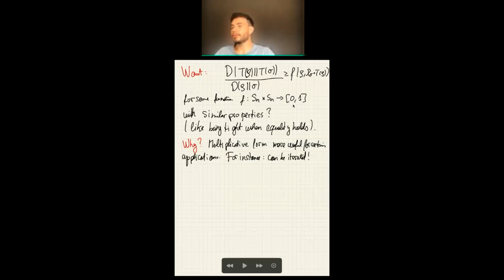And why would that be interesting? Well, in principle, if you have the ratio, these inequalities are a bit stronger than the ones with the difference of the two relative entropies, because you can then iterate this procedure, and for some applications this sort of contraction quantified by the ratio is more relevant than the difference.